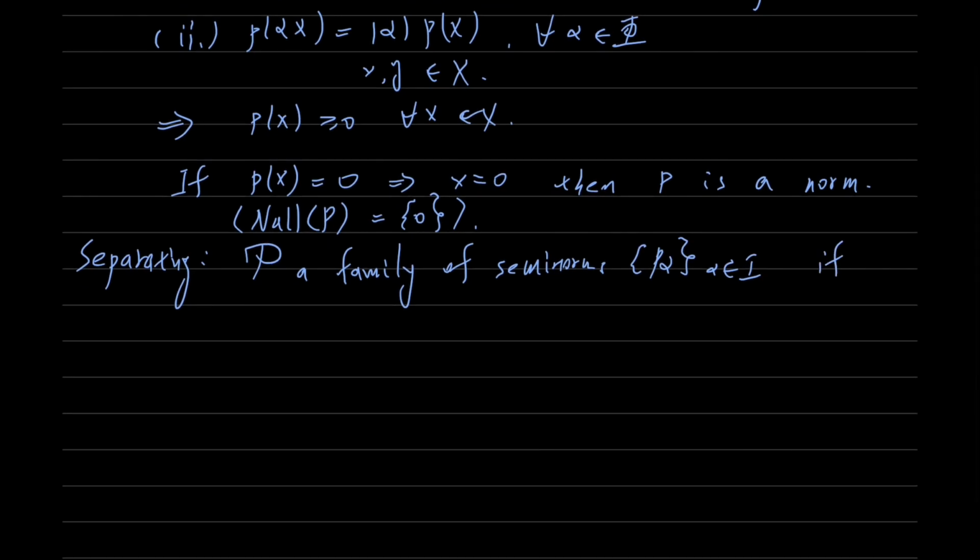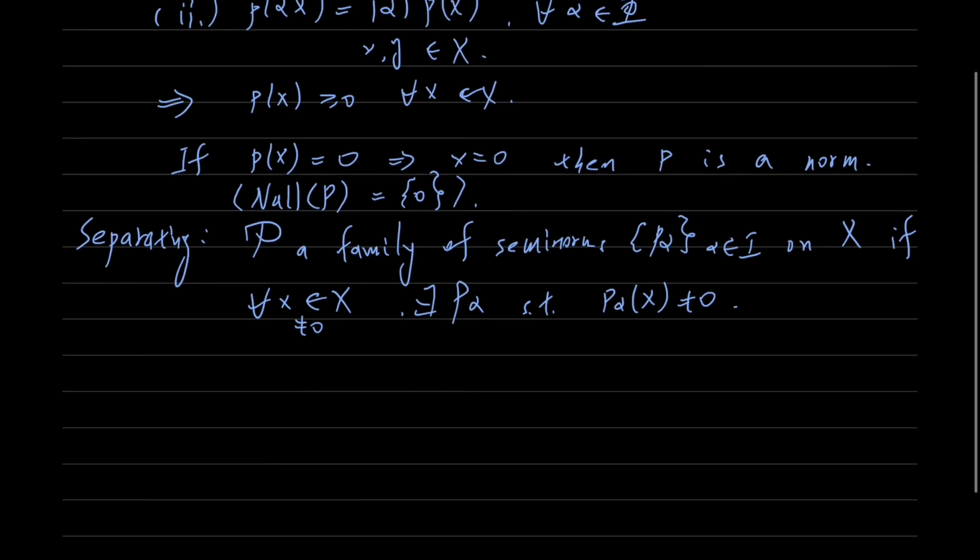We say that it is separating on X if for every x in the space that is non-zero, we can find a seminorm such that p_α(x) is non-zero. Then we say it is separating.